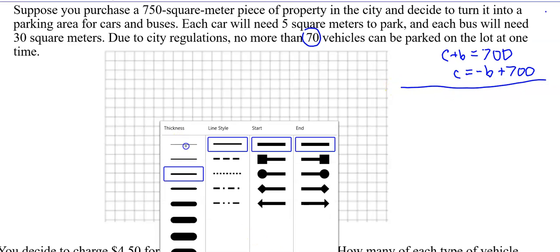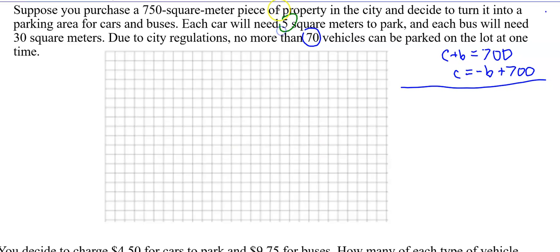Our second equation has to do with the number of square meters each one takes. So we've got 5 times C, I think, right? Plus 30 times B equals a total of 750.